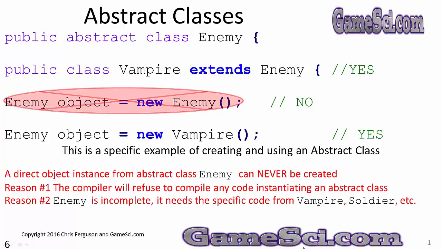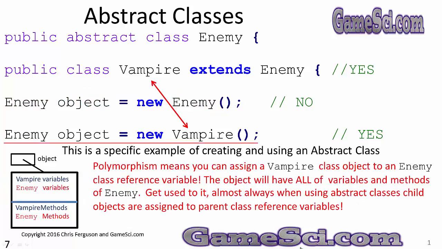So what are we allowed to do with abstract classes? We are allowed to assign child objects to abstract class reference variables. So we're going to create this Enemy object and set it equal to new Vampire. Remember, Vampire extends Enemy, so through inheritance and polymorphism, it's certainly legitimate to assign a child class object to a parent class reference variable.